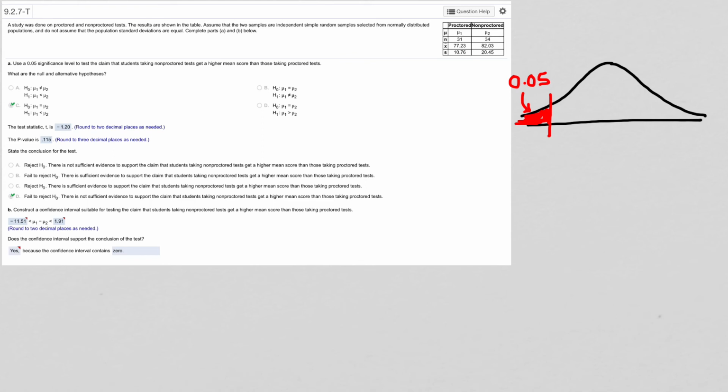But to do a confidence interval, I have to then mirror that 5% on the right-hand side. So this is also 5%. The confidence level is the area in the middle. So if there's 5% on the left and 5% on the right, that leaves 90% in the center. So that's going to be my confidence level.